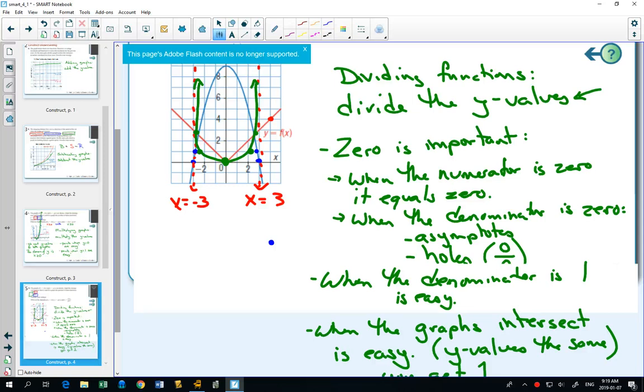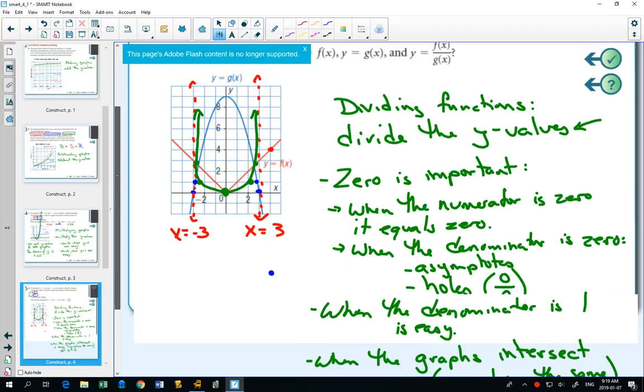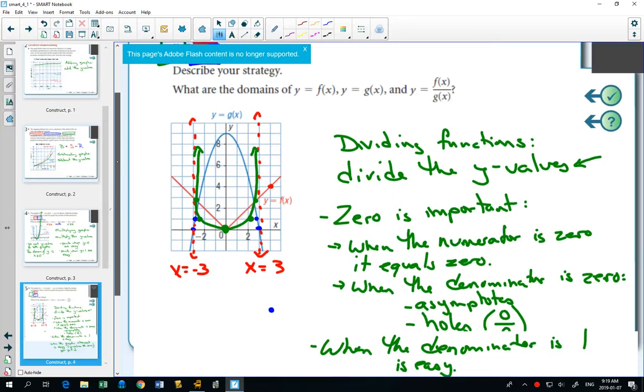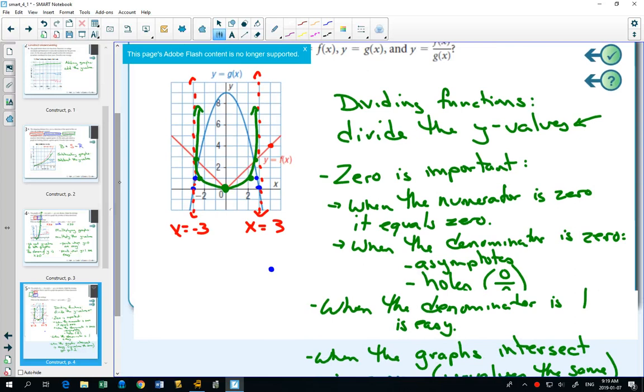Does it look like my blue value or my red value is going to be bigger? It looks like the blue value goes down faster than the red value goes up. So I would say that my blue point is bigger than my red point, and I'm doing red divided by blue. It's going to be negative. Maybe I'll estimate it to be negative 1/2.